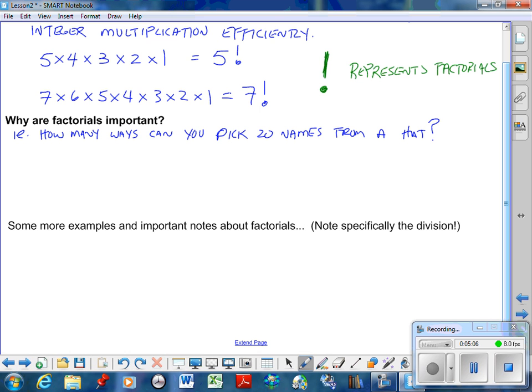Setting up how we talked about with the fundamental counting principle, the first person, second, third, fourth, and so on. The first person out of the hat, you have 20 options. The next one, a person's gone, so now you have 19 options. Next one's gone, you have 18, 17. Do you really want to continue to write this out, or can you simply see the pattern and say, hey, 20 factorial is my answer? It is a more efficient way.